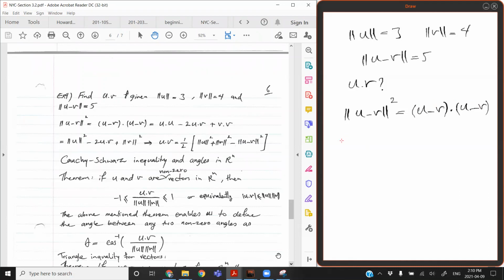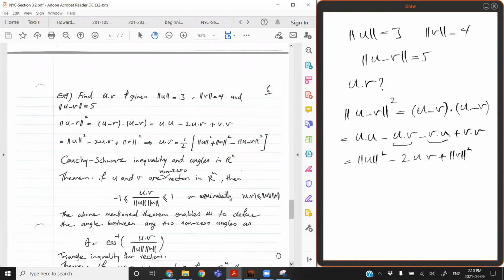The distributive property gives you u dot u minus u dot v minus v dot u plus v dot v, which is going to be the norm of u squared minus 2 u dot v, because these two are the same, plus the norm of v squared.